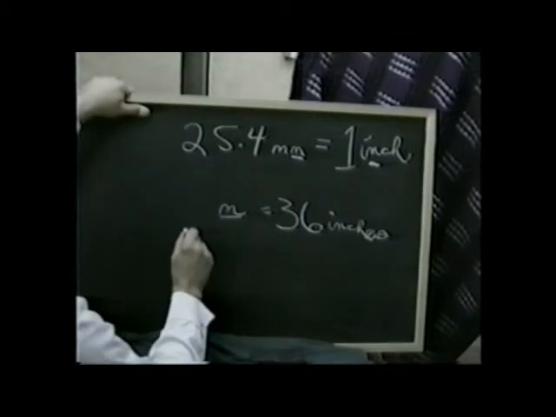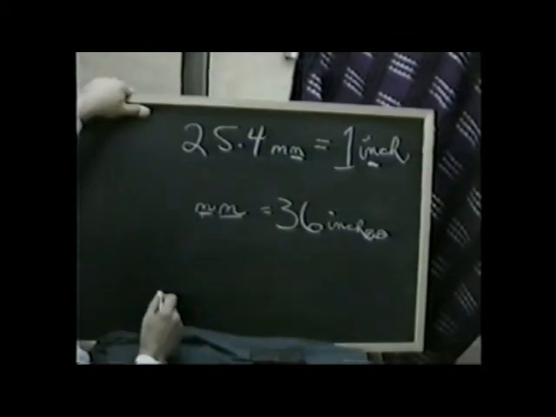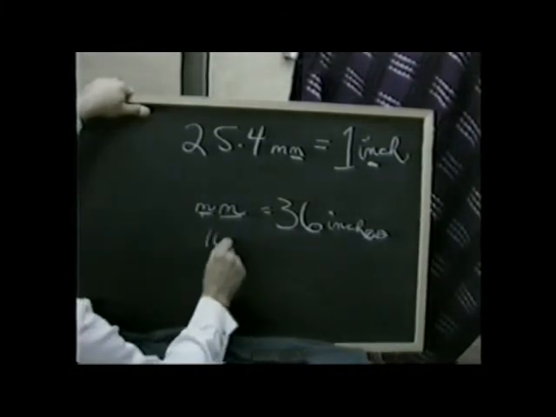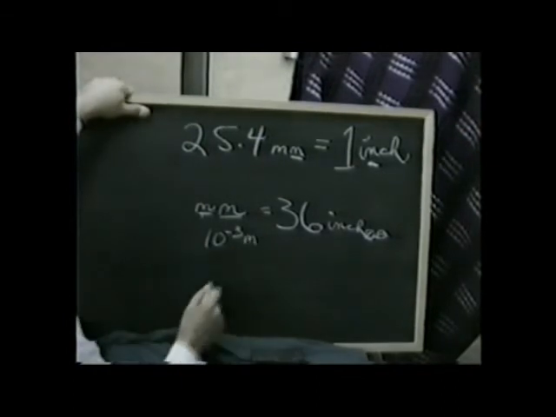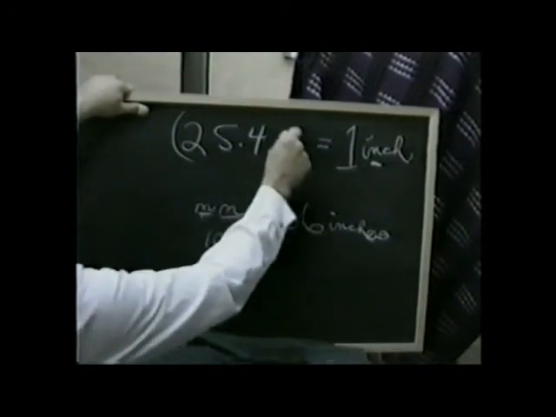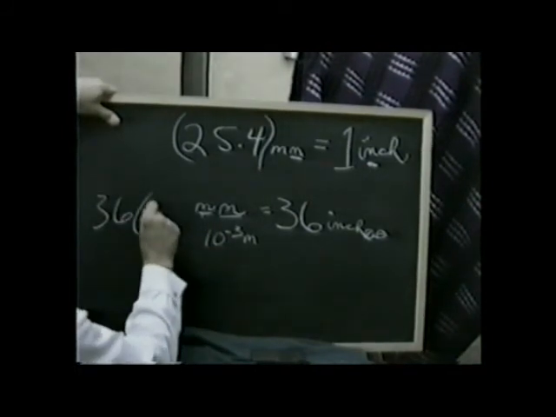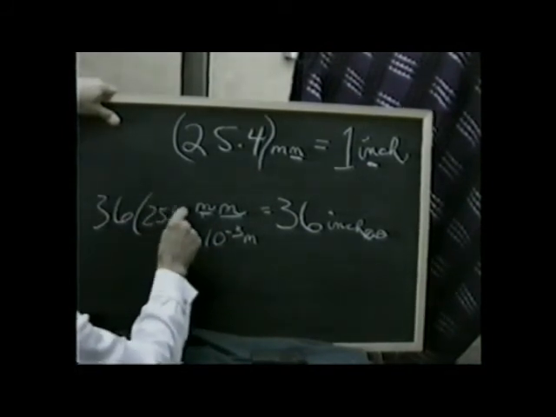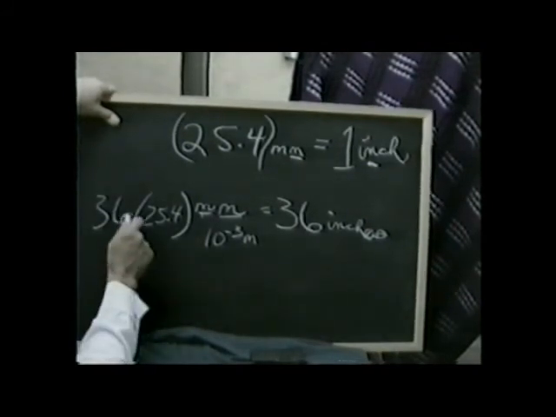The milli is simply 10 to the minus 3 meters. So what did we do? We took 36 times that. That's the conversion. That's all there is to it. If you have a calculator, calculate.